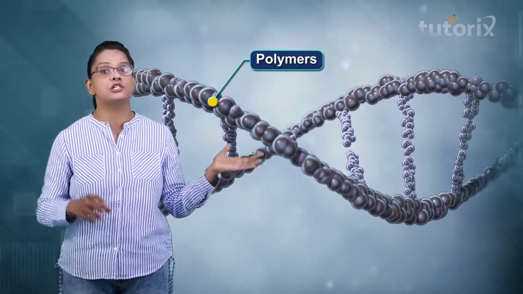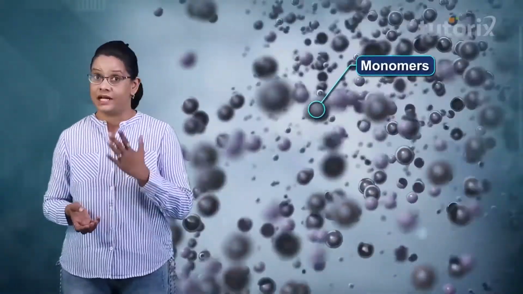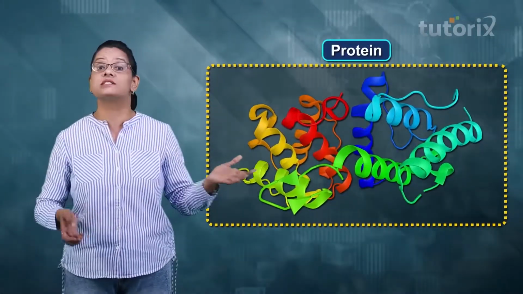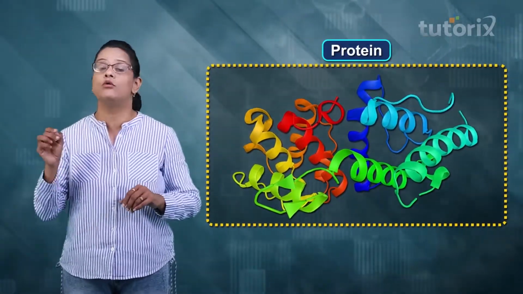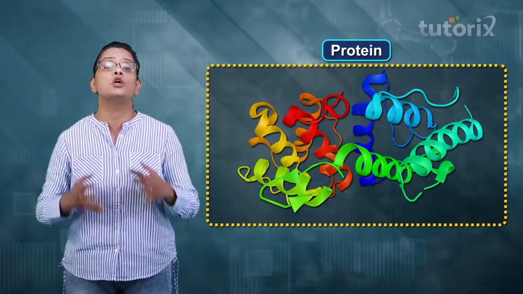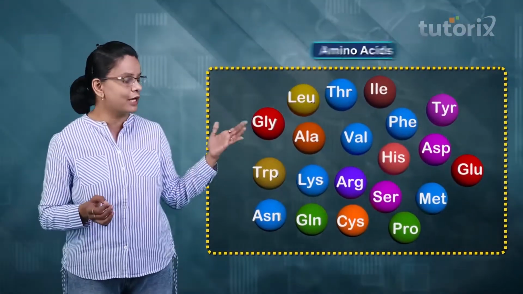Hi friends, biomolecules are very important constituents of our cell, and we know that they are basically polymers which are formed by combination of monomers. Guys, protein, which is a very essential biomolecule, is formed of monomers known as amino acids.